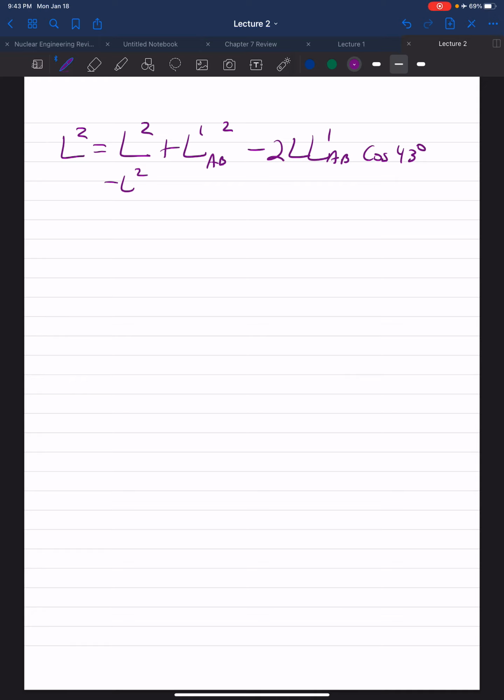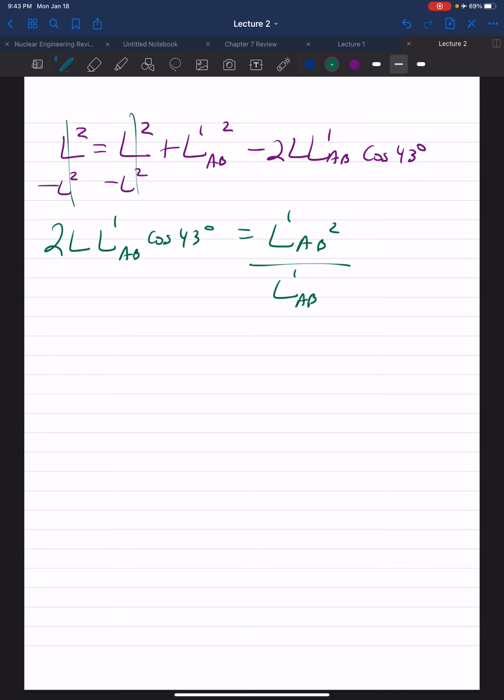If you subtract L squared on both sides, these cross out, leaving you 2L L prime AB cosine 43 degrees equals L prime AB squared. If I divide by L prime AB, this gives me L prime AB equals 2L cosine 43 degrees.